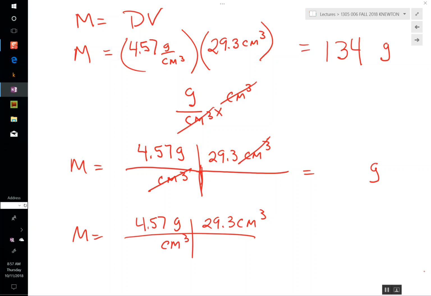We got 10 centimeters by 10 centimeters by 10 centimeters. We multiply the numbers, 10 times 10 times 10. That's 1,000. But centimeter times centimeter times centimeter is a cubic centimeter.